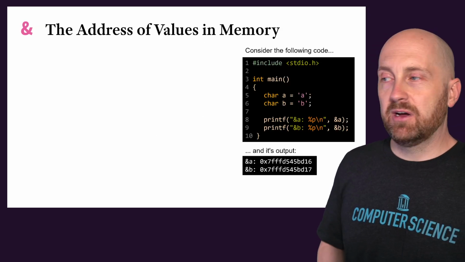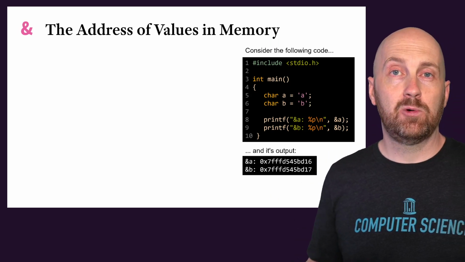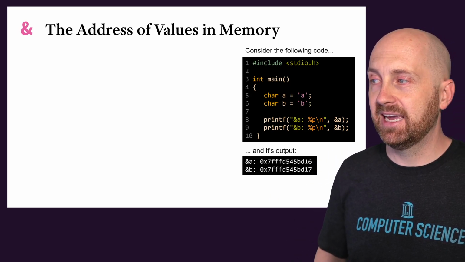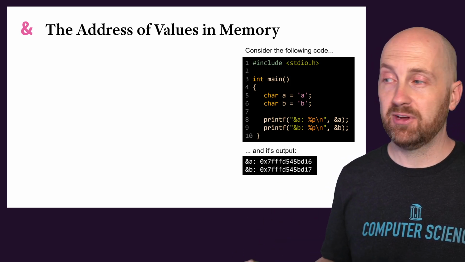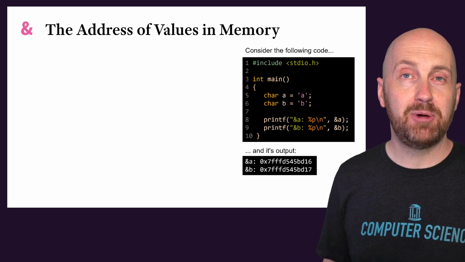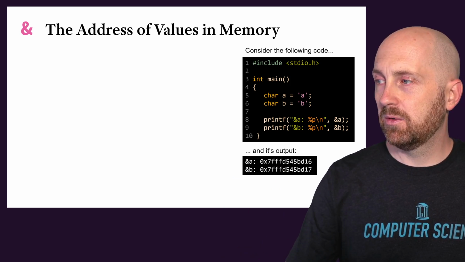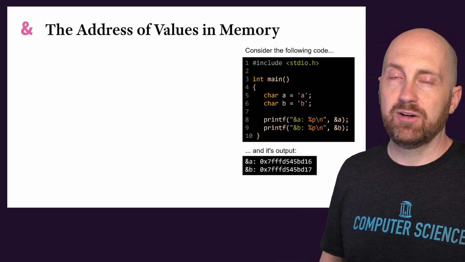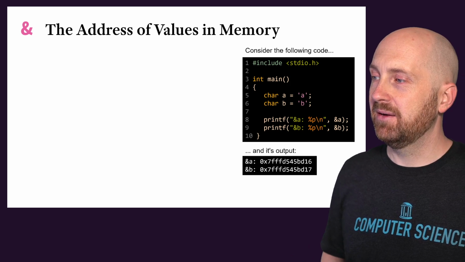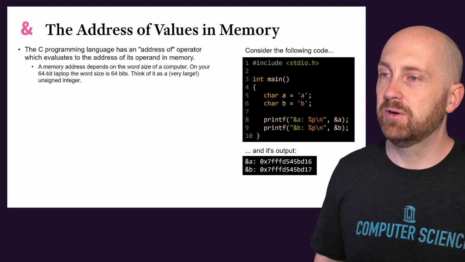So the address-of operator is the ampersand, and you put it before a variable or a value's name, and it will evaluate to the address of that particular variable in memory at that point when the program is running. So we can consider some code here where we have a main function, and inside of it we've got 2 character variables set up to be A and B. And what we're doing is we're just printing the address of each of those.